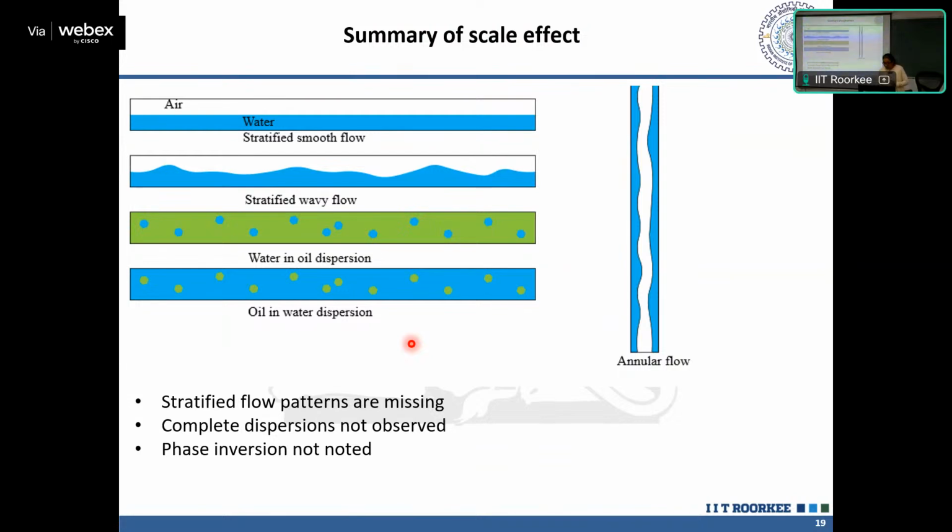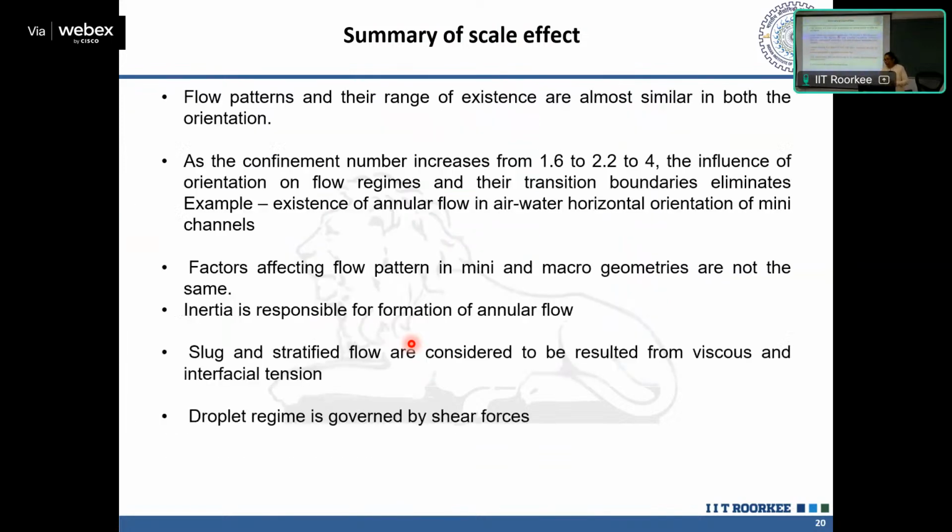So what is the difference that we get when we move to miniature geometries? This is a summary of the experiments we have done in miniature geometries with different confinement numbers, looking at the effect of orientation. We performed the experiments with hydraulic diameters of 1.65 mm, 1 mm, and 0.65 mm, corresponding to confinement numbers of 1.6, 2.2, and 4, and the fluids are air and water.